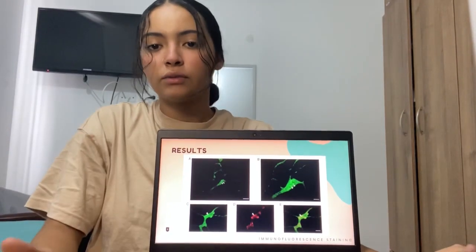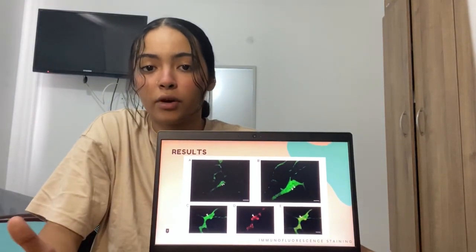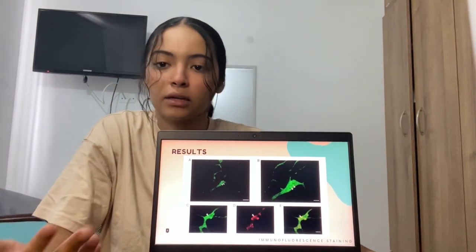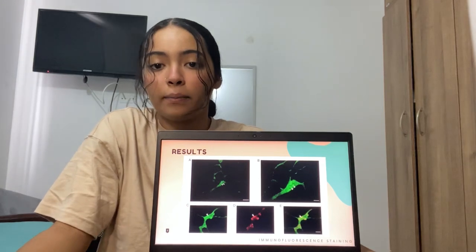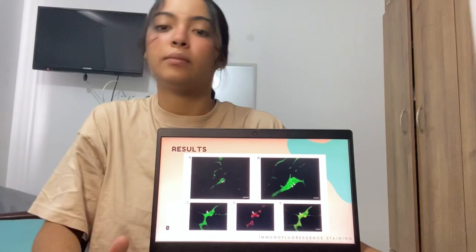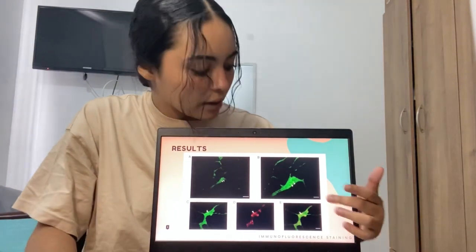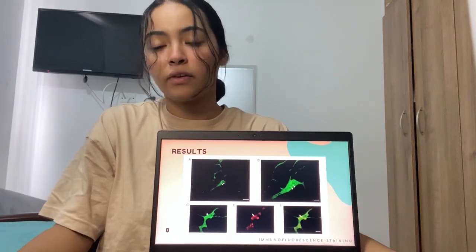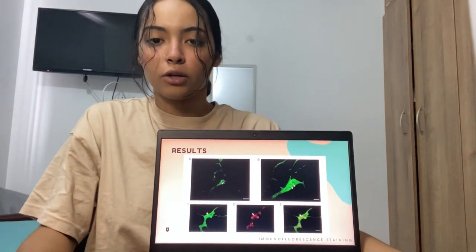So now we have the results, and the first one is the immunofluorescence analysis. This analysis revealed that a large number of the P2Y1 positive nerve cells were aggregated in the colonic submucosal plexus of rats to form ganglia. So this is what the first image is showing us. The second image is showing us the P2Y1 positive marker located in the cell bodies.